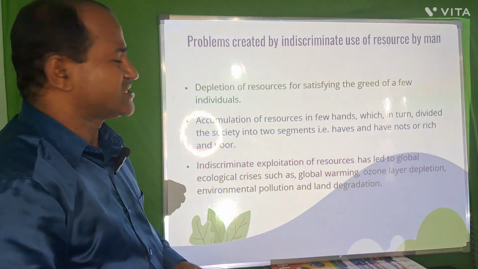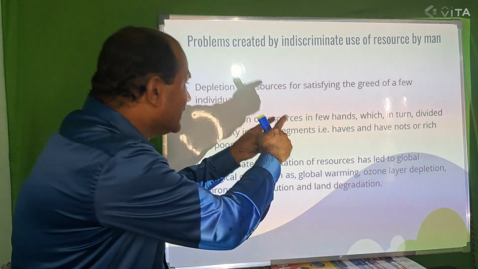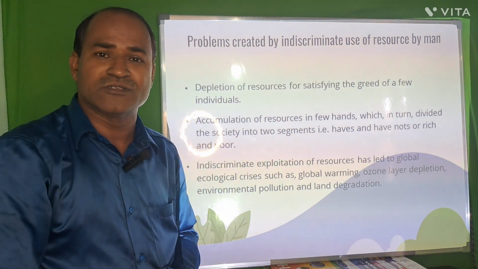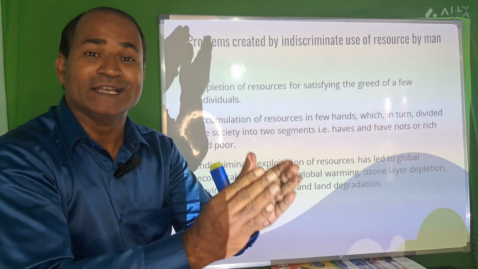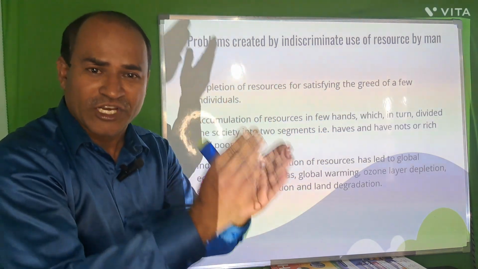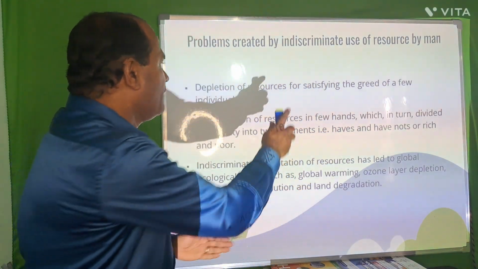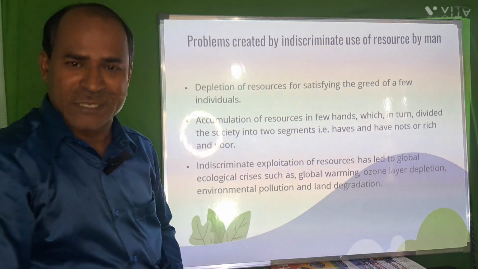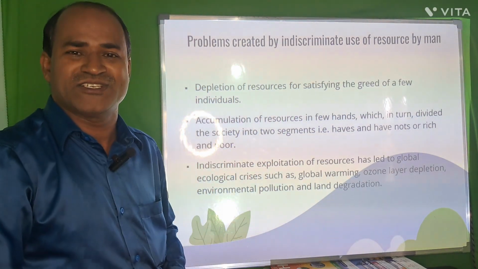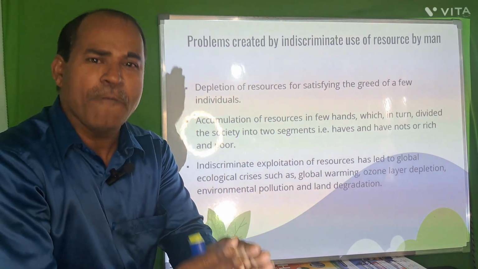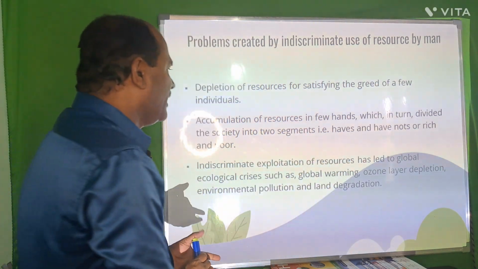Depletion of the resources for satisfying the greed of a few individuals. Only a few people will be satisfied. So the resources will become the greed of the person. Accumulation of the resources in few hands.